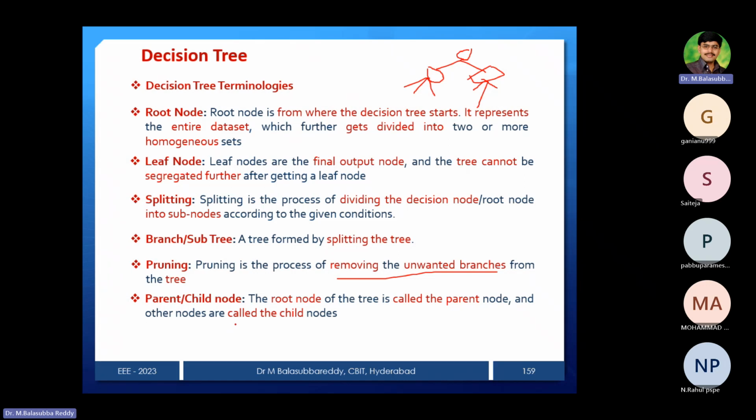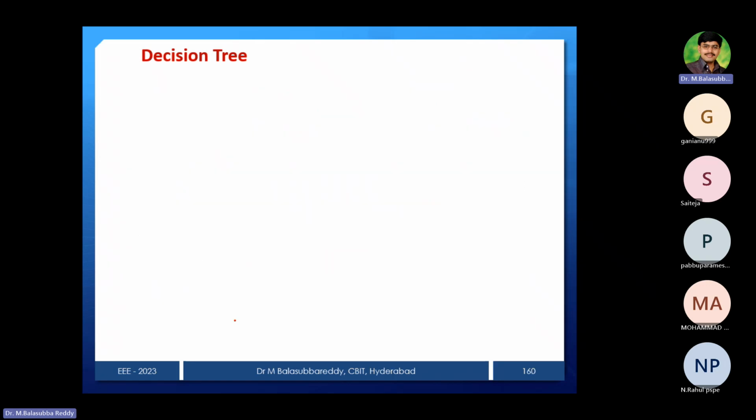The root node of the tree is called the parent node, and other nodes are called child nodes. This is quite common because it is a tree structure. The starting point is always the root node, and we go on dividing. Finally, it will reach the leaf node.